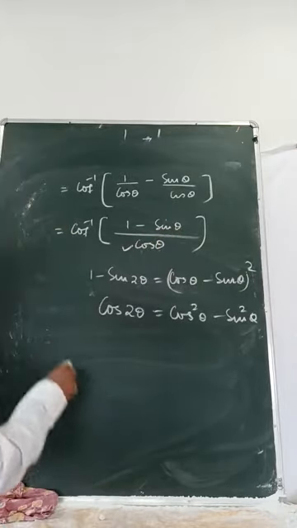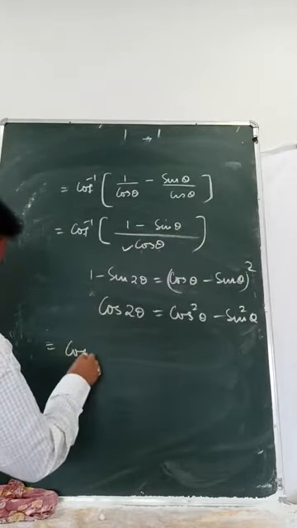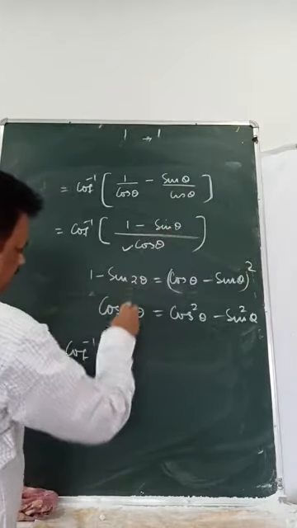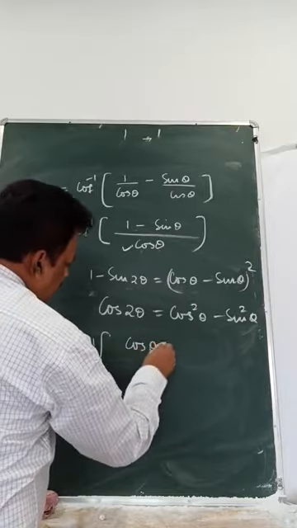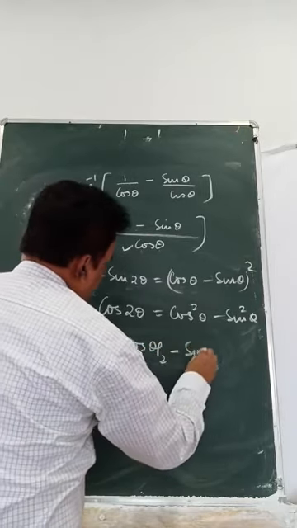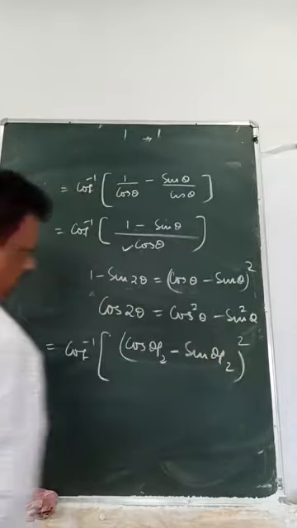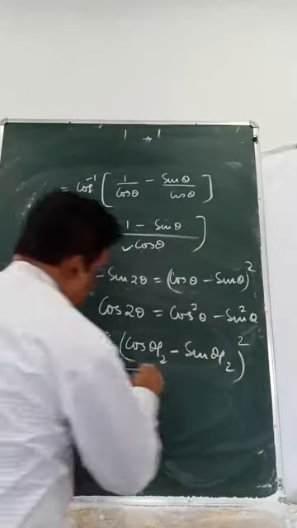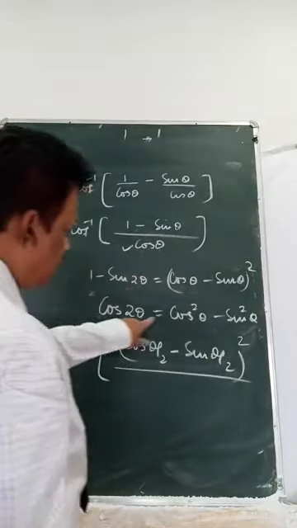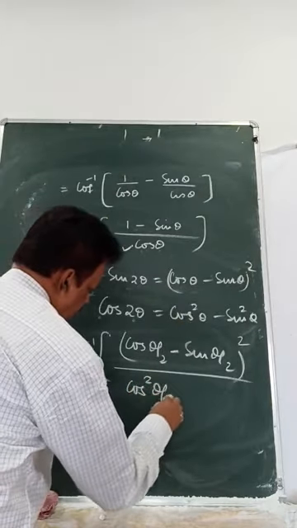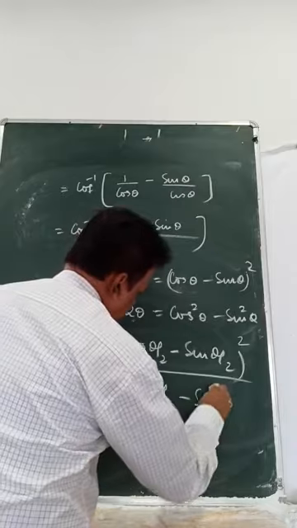So what is our conclusion? Cot inverse. If you compare this with this, (cos theta by 2 minus sin theta by 2) whole square, then divided by cos theta, you have to use cos square theta by 2 minus sin square theta by 2.